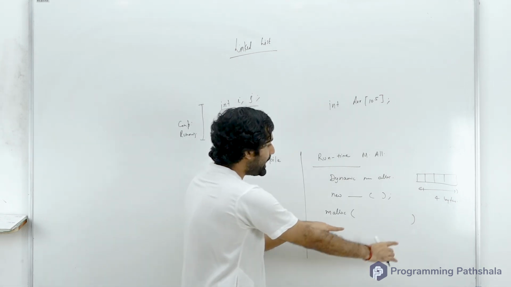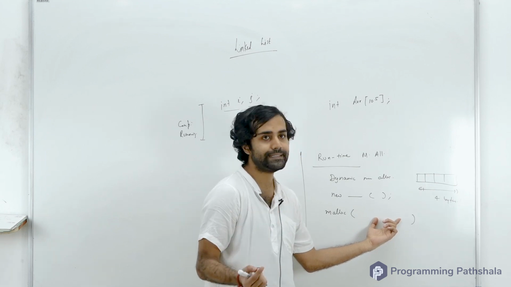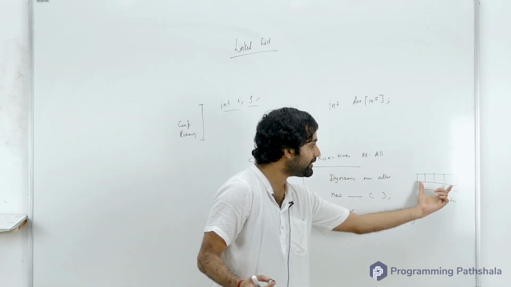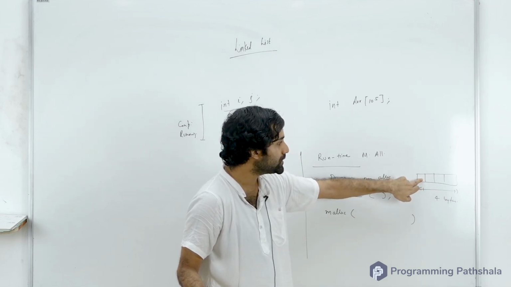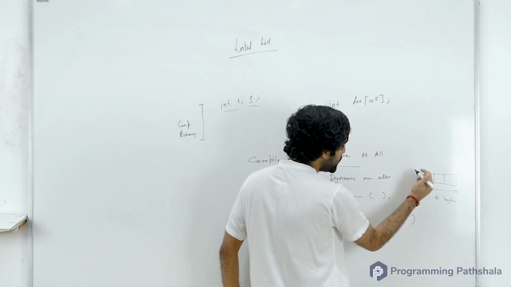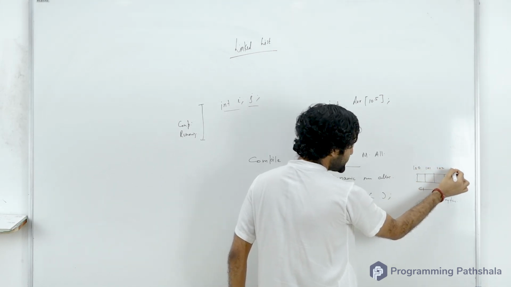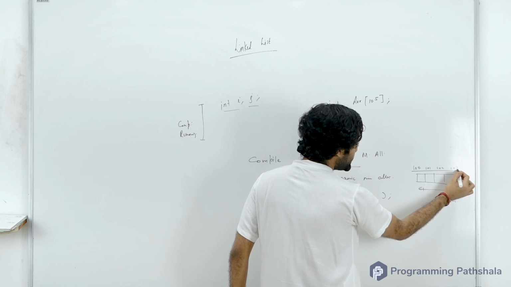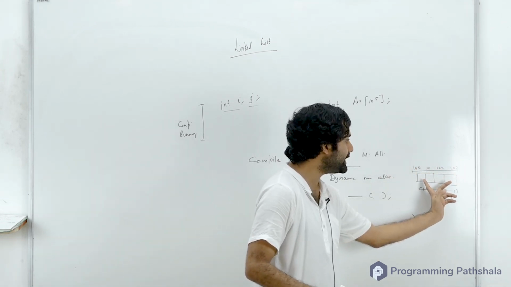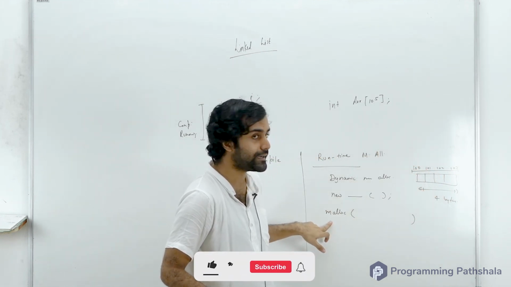To malloc you have to just tell that this much amount of space I need, and it will perform this memory allocation on your behalf and return you a pointer to the base address. Let's say if this byte location is 100, then this is 101, this is 102, this is 103. All these memory locations from 100 to 103 belong to one integer only, but its base address will be 100, and that base address will be returned by malloc.